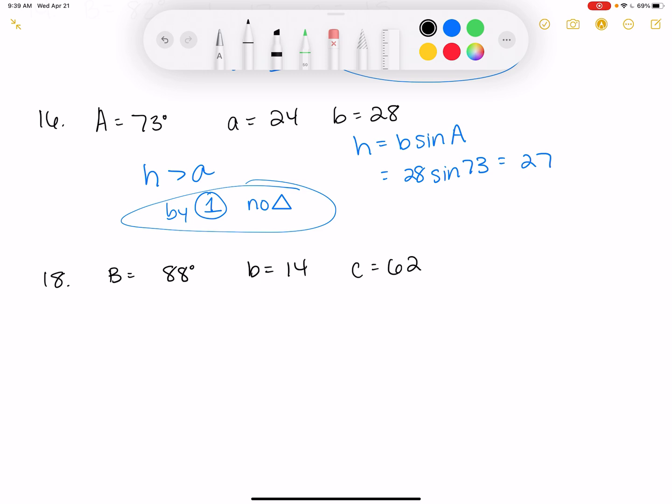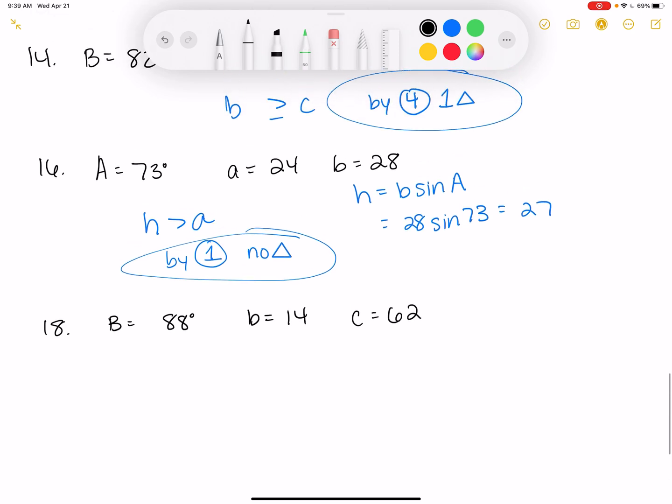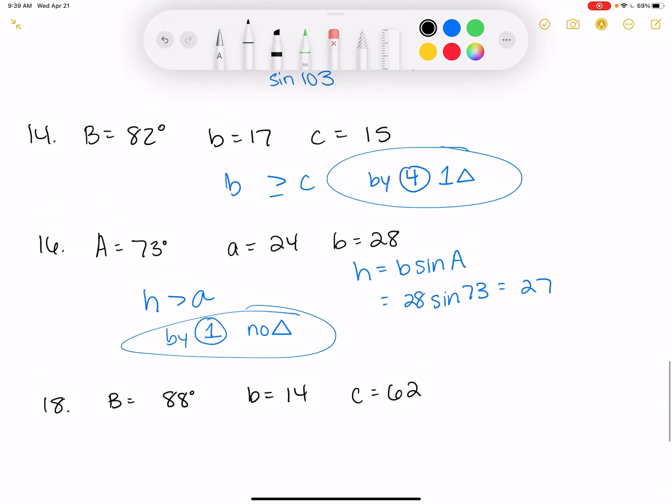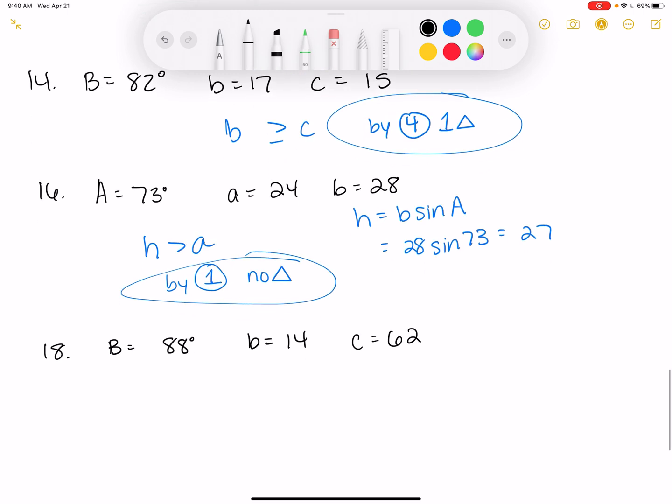Which scenario am I dealing with, acute or obtuse? Acute. Then I've got b compared to c. Is b greater than or equal to c? No, it is not. So I'm going to find H.